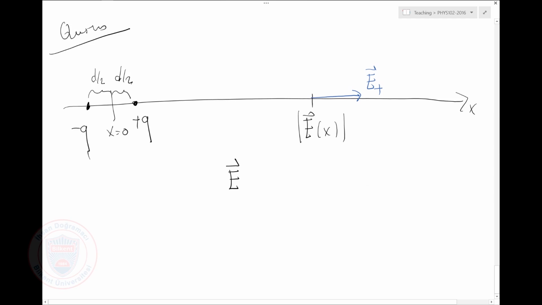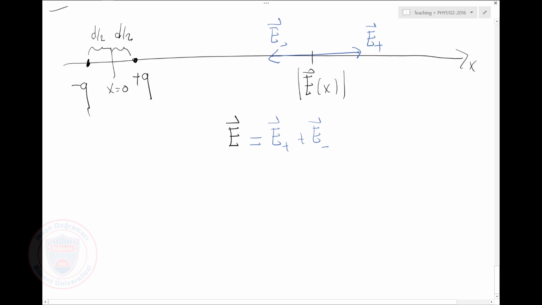And then I'll have the electric field created by minus Q, E minus. So the net electric field will be E plus plus E minus, right? Or, because they are in the opposite direction, E magnitude will be E plus magnitude minus E minus magnitude.